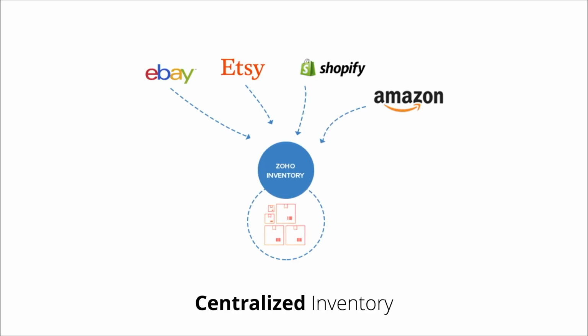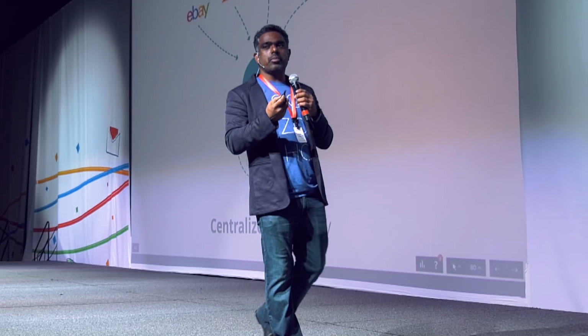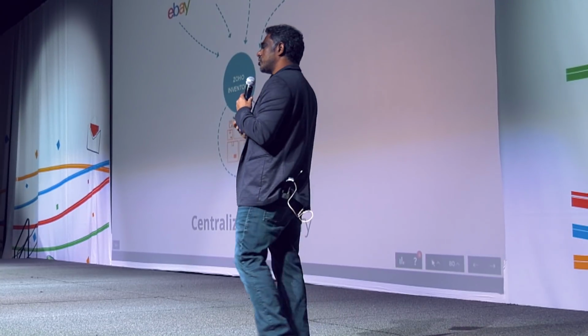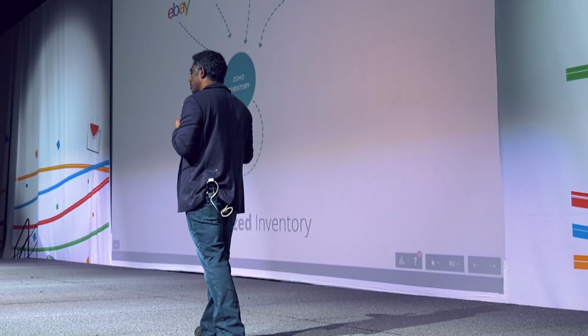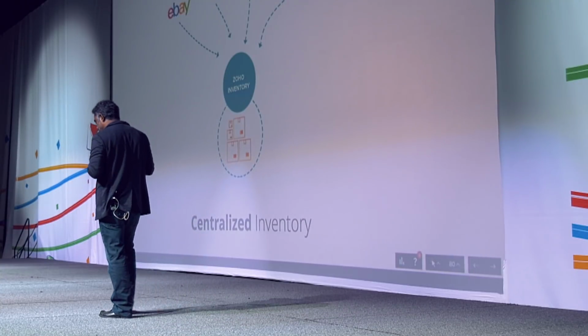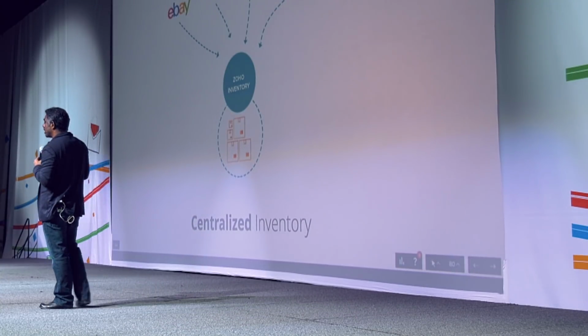And of course, now it also integrates with the Zoho e-commerce store, allowing you to maintain a centralized inventory repository for your entire business. And you can use this as part of your brick and mortar store inventory as well. So now you have a centralized inventory system for your entire business.